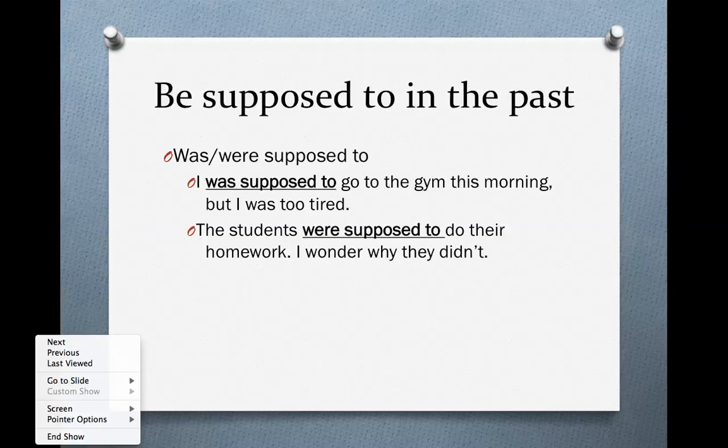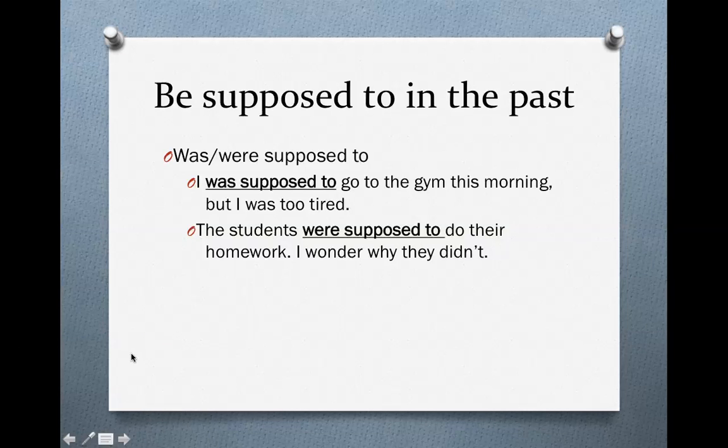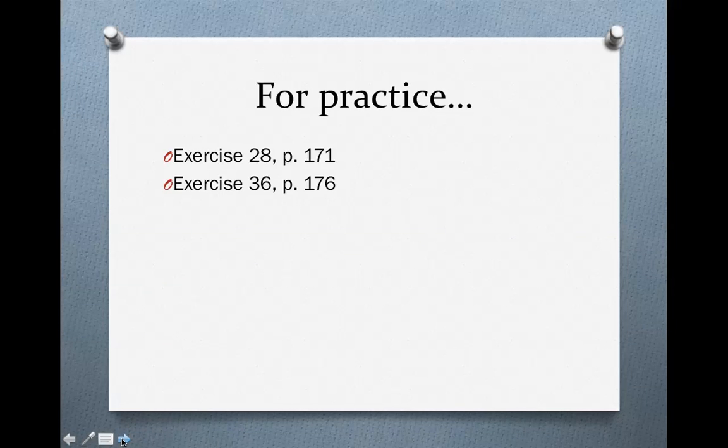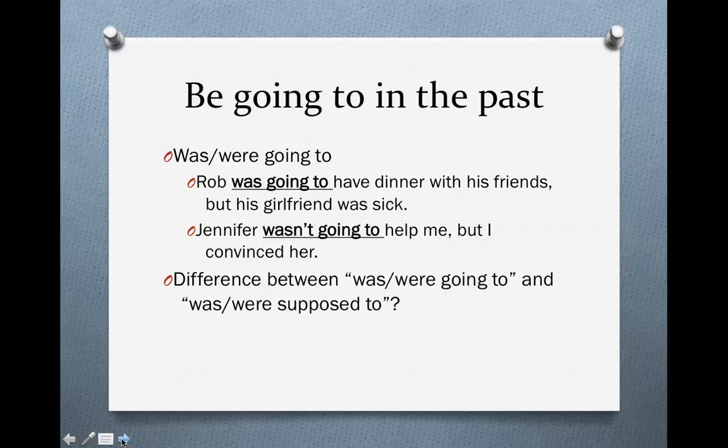On the other hand, if we look at our sentences here, we have be going to in the past. Rob was going to have dinner with his friends. This was a plan, but this was not an incredibly important plan. You know, it's not a huge deal that Rob didn't have dinner with his friends.